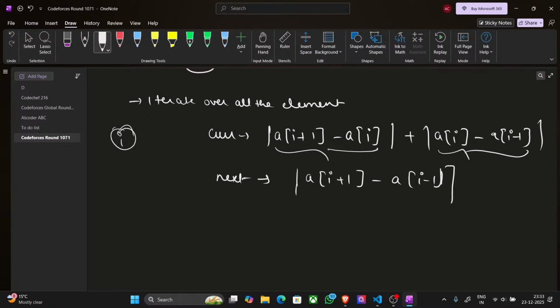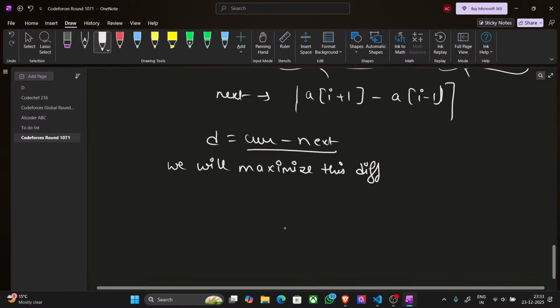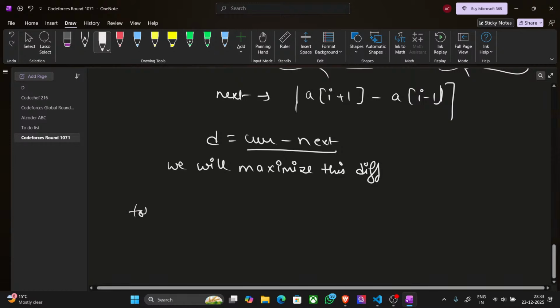So if we check the difference between these two, it is current minus next, and we have to maximize this difference. After maximizing this difference, total minus that maximum difference is the best answer.